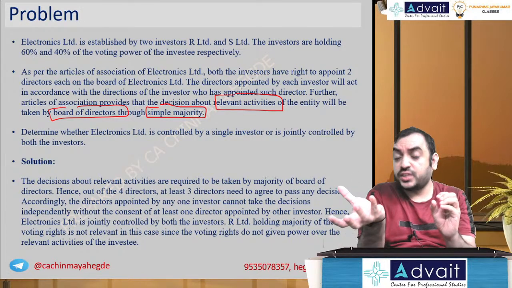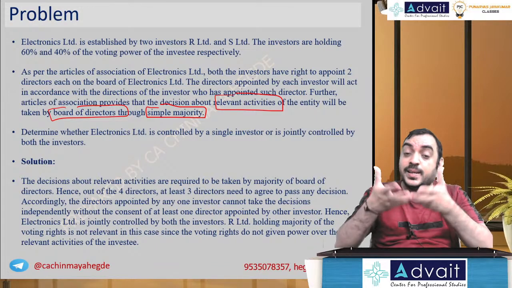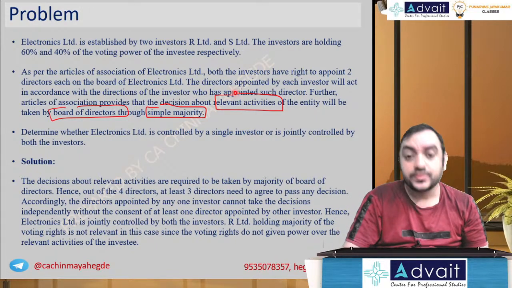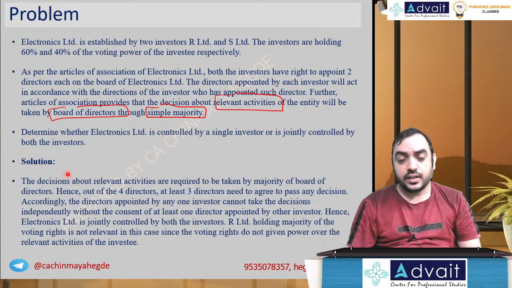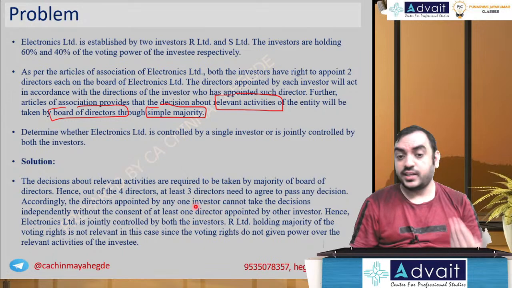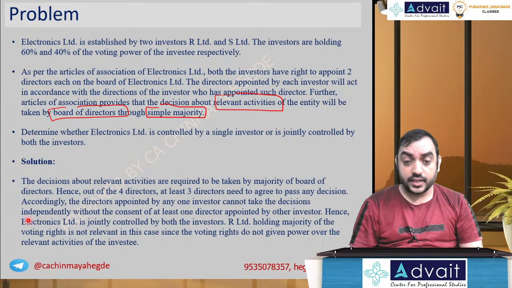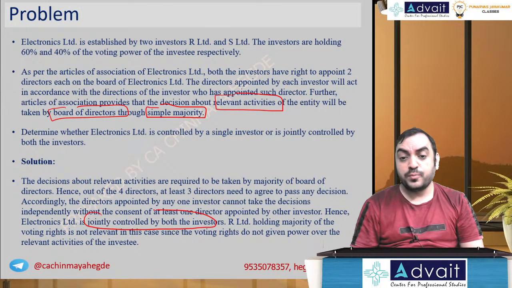If group 2 says no, group 1 cannot make a decision on their own, which means there is an implicit joint control. Let's see what the solution says. Decisions about relevant activities are required to be taken by majority out of 4 directors. At least 3 directors need to pass a resolution. Accordingly, directors appointed by one investor cannot take a decision independently without the consent of at least one other director. Hence, Electronics Limited is jointly controlled. Yes, it is implicit joint control by both the parties.